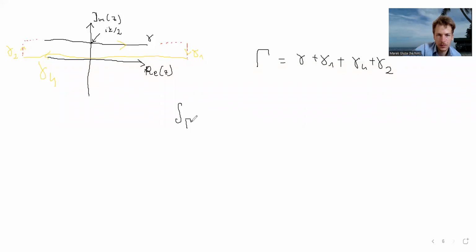So I will denote it like this. Then a complex number dz, and then the function e^(-z^2) is being integrated over. So what's going on here?